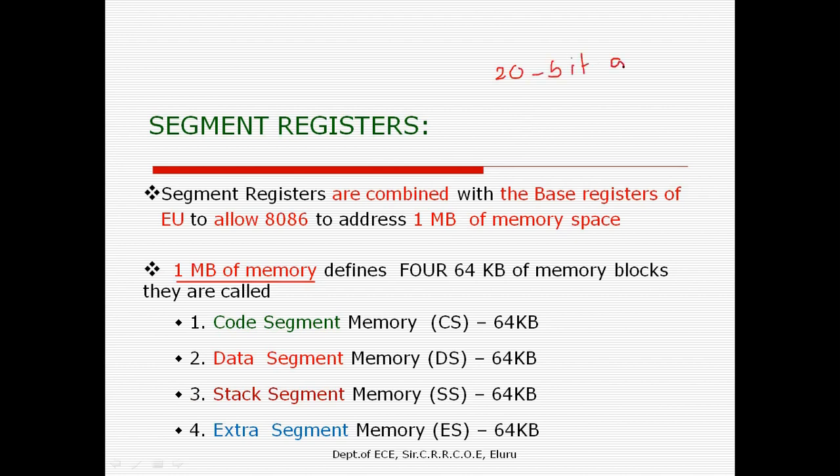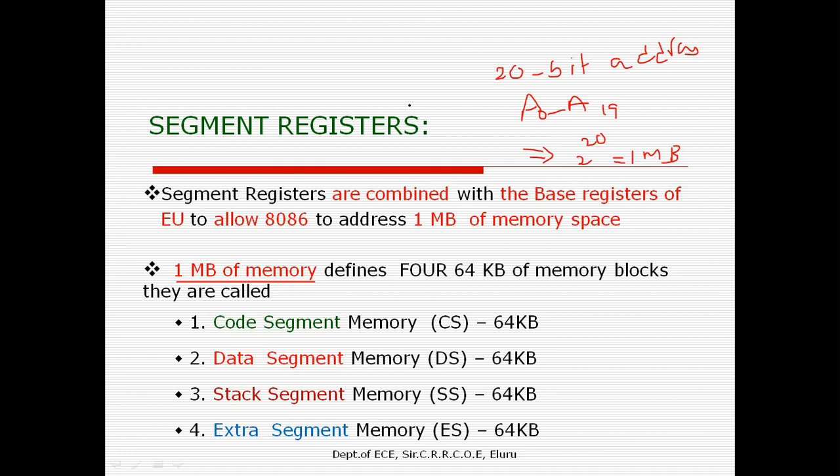The 20 address lines are A0 to A19. Using these 20 address lines, the microprocessor can address up to 2 power 20, that is 1 MB of the memory space. So now the total memory of the processor is 1 MB.